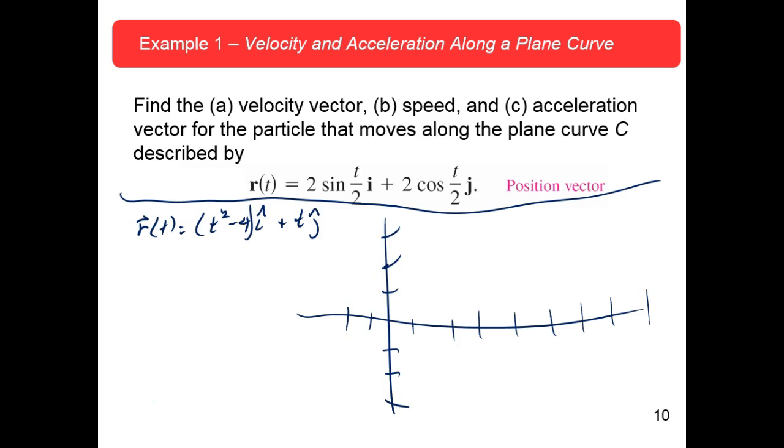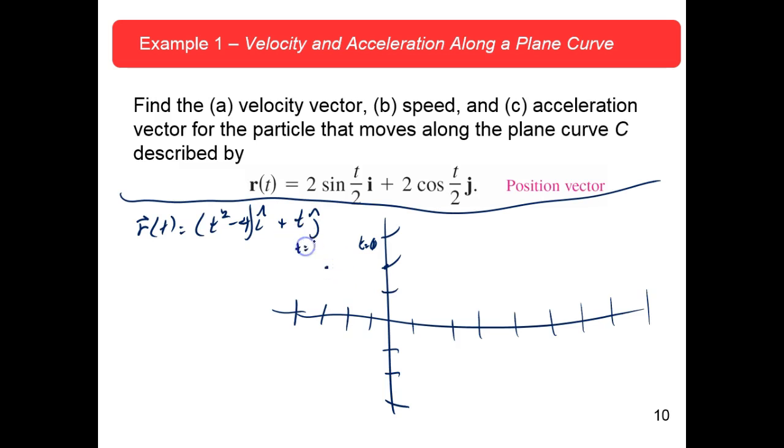Give me another t. And this is where t is equal to 2. Give me another t. 1. When t is equal to 1, this will be 1 squared is 1, minus 4 is negative 3i, and then you'd have plus 1j. So there would be this point.